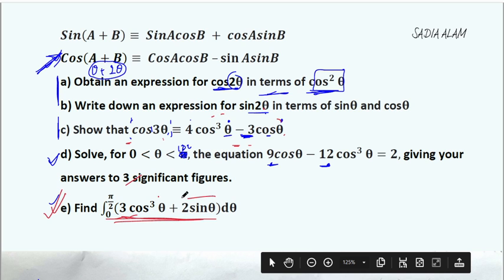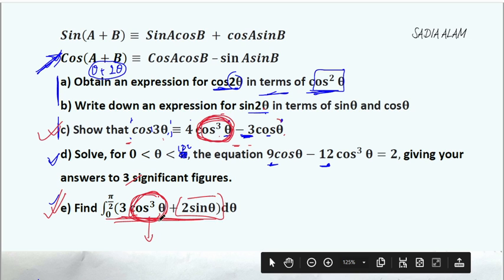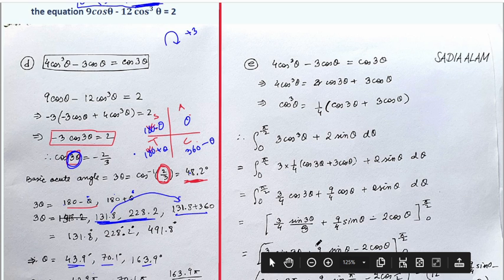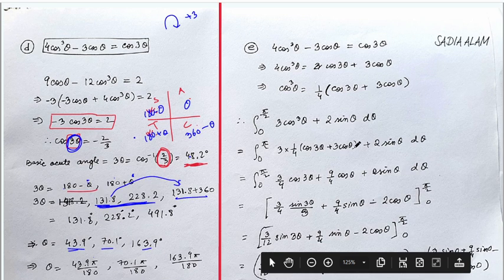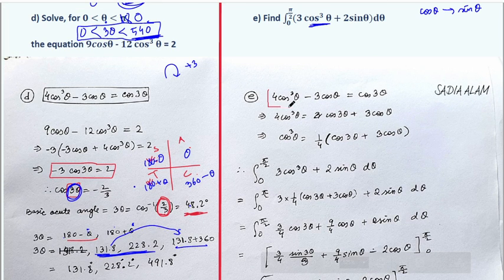So I'm okay with this, but I need to replace cos cube theta. So we can make cos cube theta the subject of this triple angle formula. If we do that and then replace that value here, only then can we integrate. So this is part E, and this is the triple angle formula.